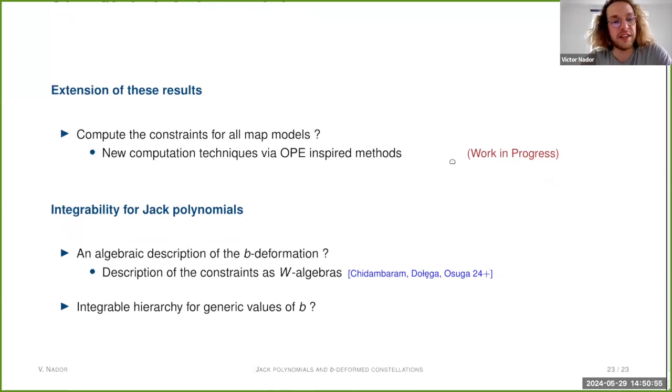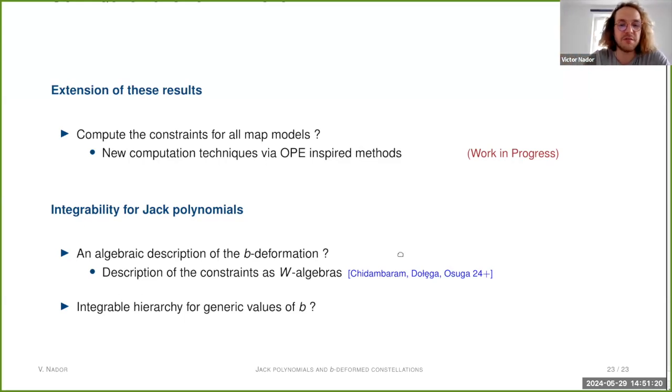And more generally, I would also be interested to investigate this integrability property for the Jack polynomials. So, for example, one question that I had is whether there is an algebraic description. What I had in mind, that I still have in mind, is whether there is a group theoretic description of the b-deformation.